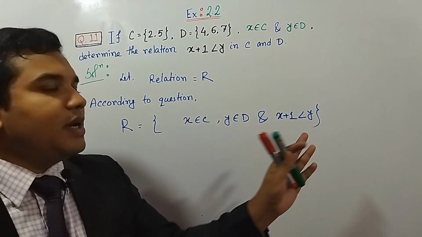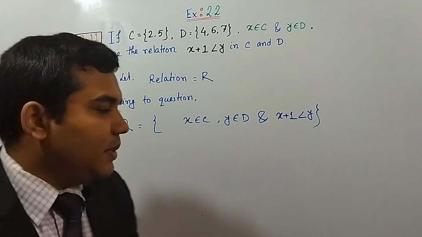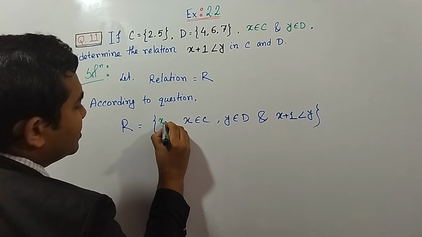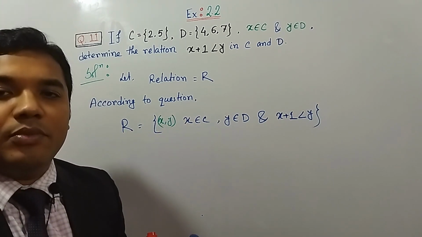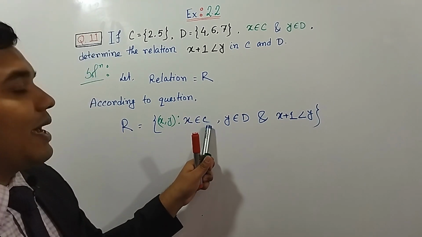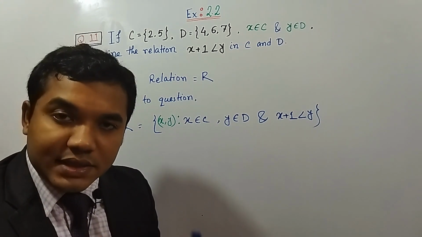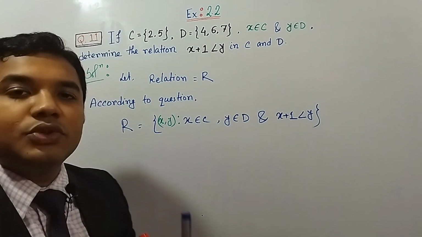So which type of relation will it be? The relation should be an xy relation. That means it can look like (x, y), where x comes from the set C and y comes from the set D, and the given relation must also be maintained.